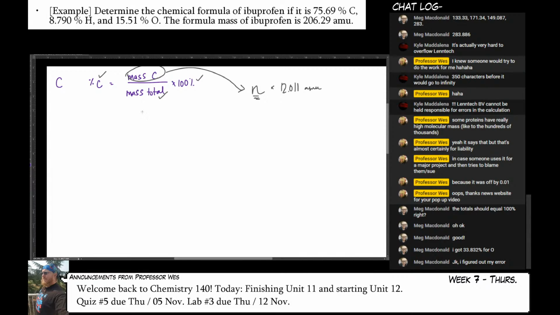And we just do this 3 times. So let's do that. I'm going to rearrange my equation here. So I got percent carbon times the mass total divided by 100% equals the mass of carbon.